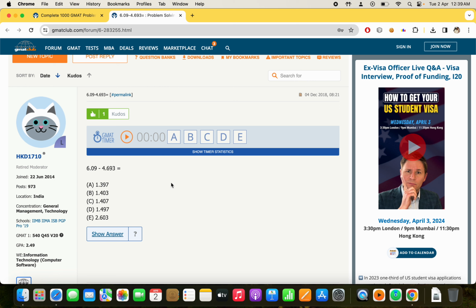Okay, so it says 6.09 minus 4.693. So what you can do is equate it. It's basic math, no difficulty in this process. You can easily do this subtraction, and I think the answer will be something around 1.397, and let's see whether it's the right answer or not.